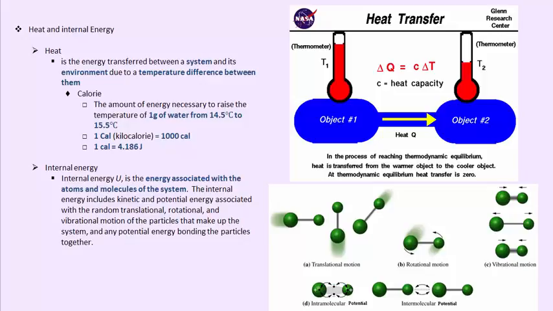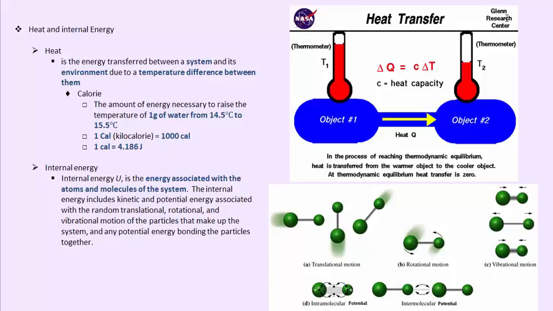The internal energy includes kinetic and potential energy associated with the random translational motion, rotational motion, and vibrational motion of the particles that make up the system, and any potential energy bonding the particles together, which is summarized in our figure at the bottom right.